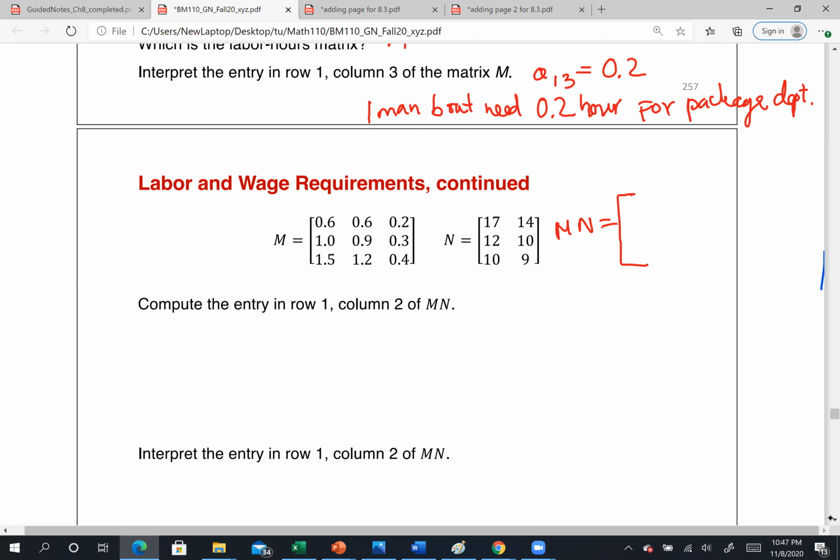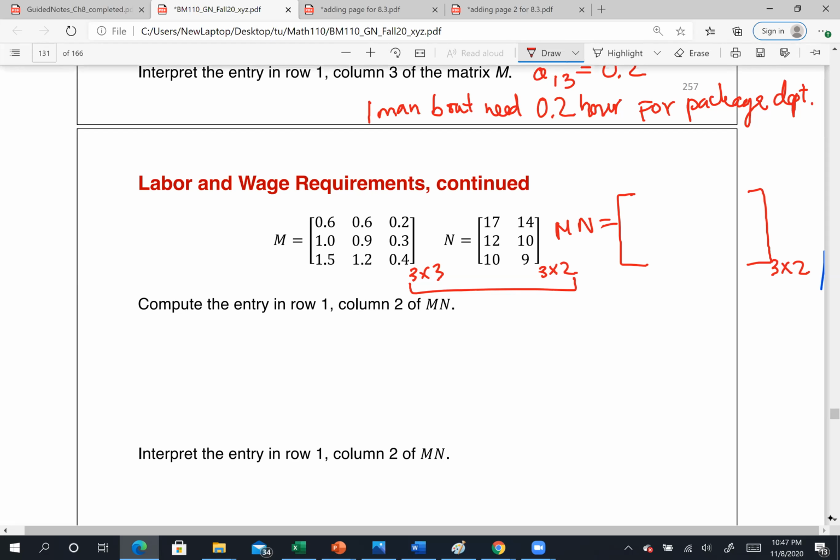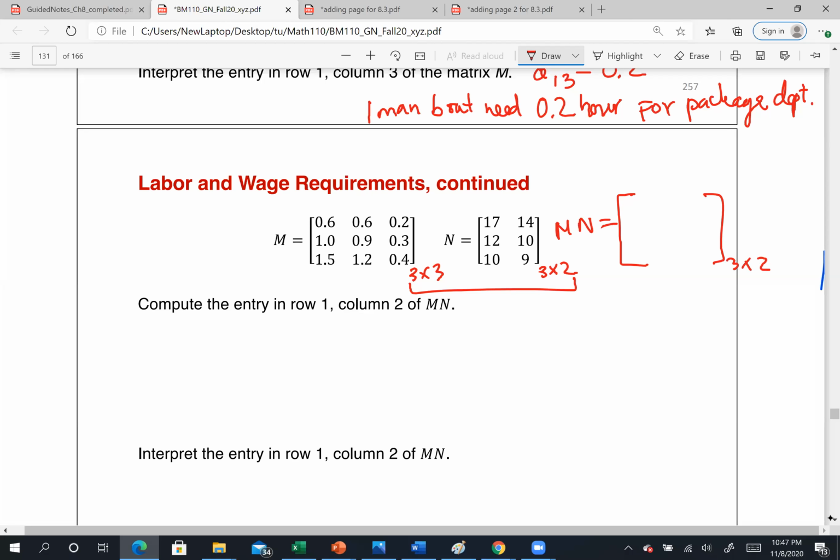So we have M is 3 by 3, right? N gonna be 3 by 2. So the product matrix should be 3 by 2, because of the outer dimensions. So I'm gonna just put 3 by 2 here.